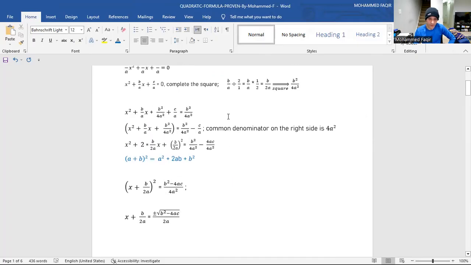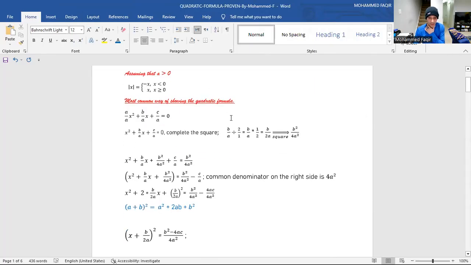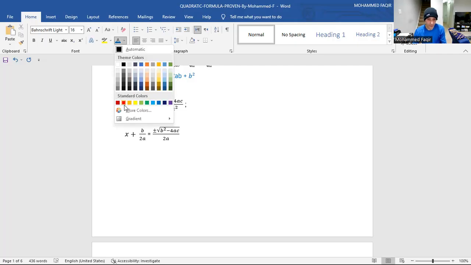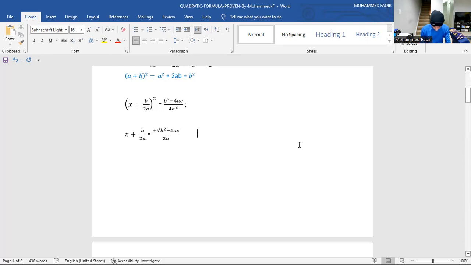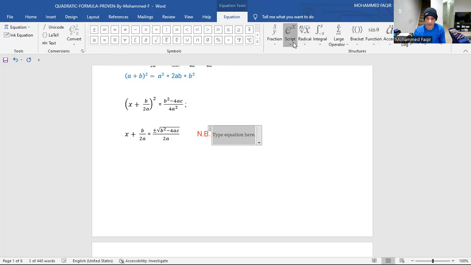be able to get this, because the square root of x squared, I'm just gonna put it here as a nota bene. And I'm gonna do it in red because it's very, very crucial. Nota bene that square root.